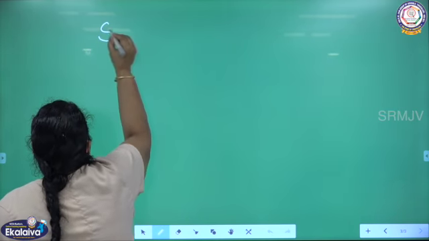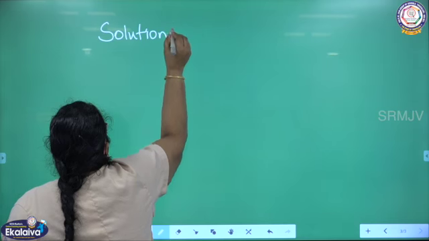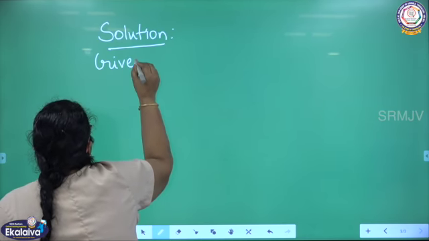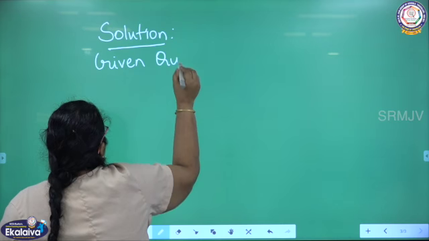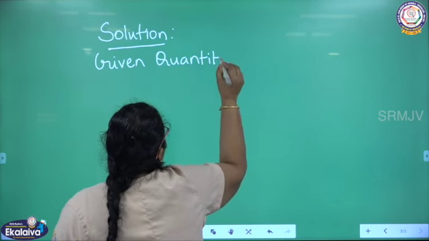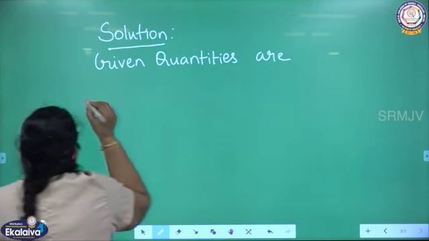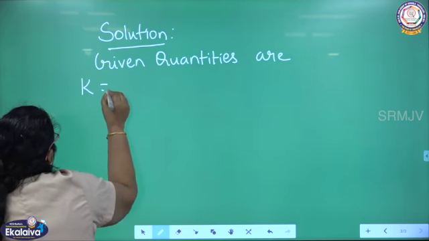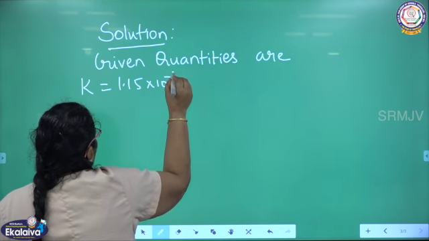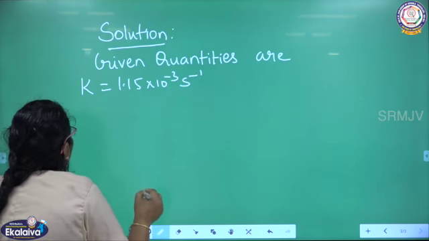Solution. Given quantities are: rate constant K, which is nothing but 1.15 into 10 power minus 3 second inverse. What are the other two quantities they have given?